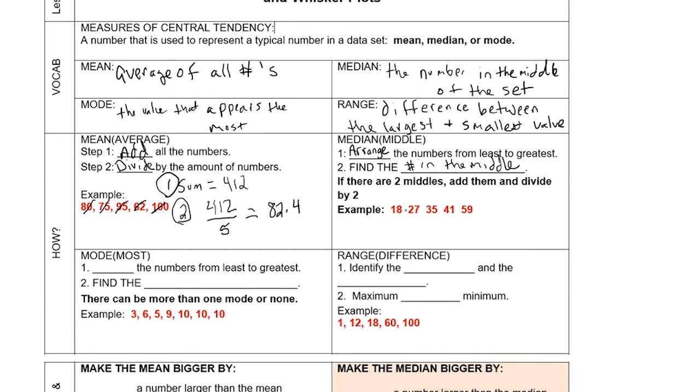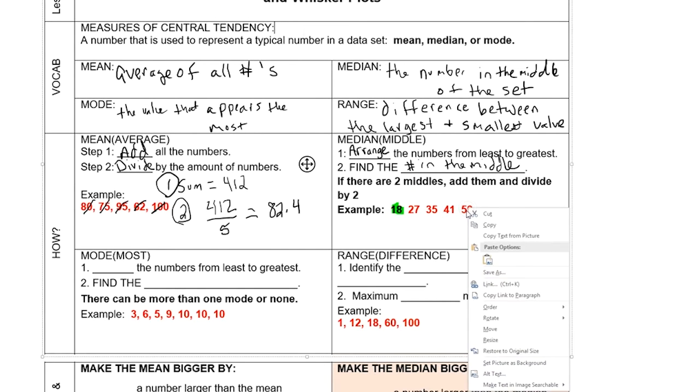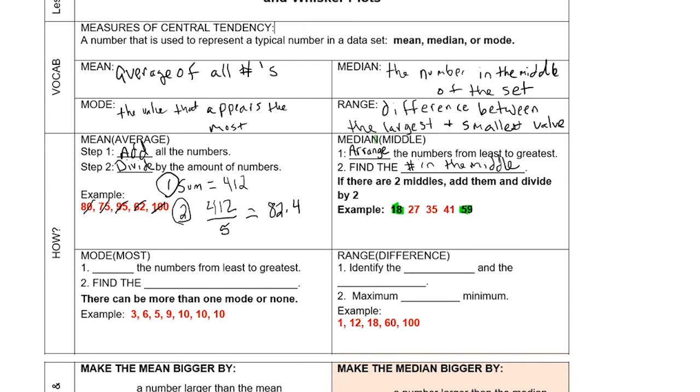So how do we find the number in the middle? I'm going to start: 18 and 59 are at the ends. And then we got 27 and 41 next. And that means that 35 is in the middle. So this means that the median equals 35.